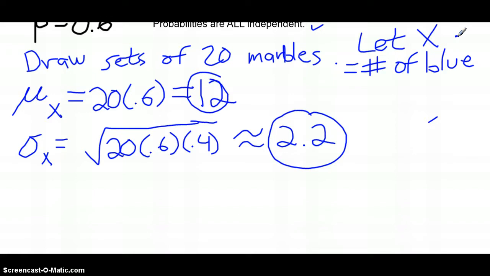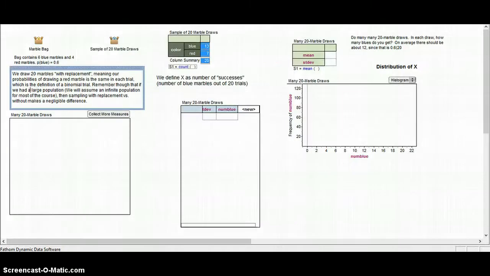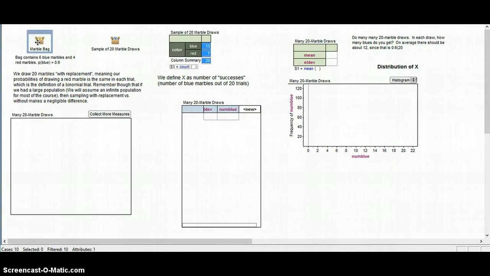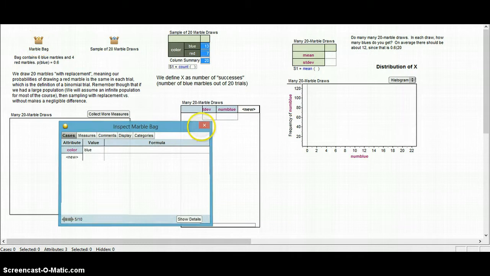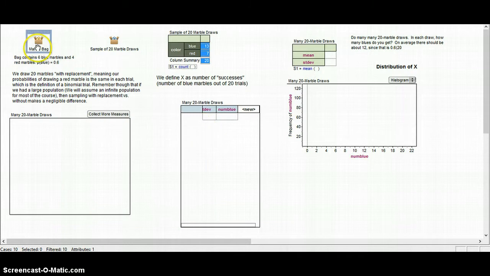Let's go to the demonstration and see how this actually manifests itself. Here I have a marble bag, and I can open it just to show you. At least I think I can. All right, take my word for it. There are 6 blue marbles and 4 red marbles inside.